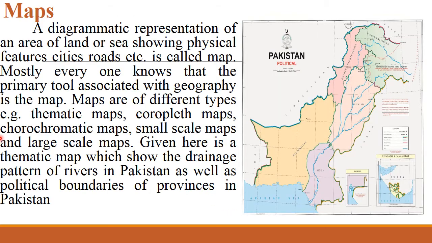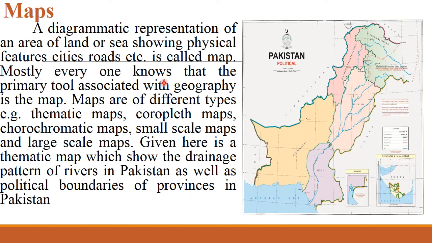land. Maps are diagrammatic representations of an area of land or sea showing physical features, cities, roads, etc. In this definition, we can say that any diagrammatic representation of an area of land or sea which shows physical features like cities, roads, mountains, seas, oceans, etc. is called a map.